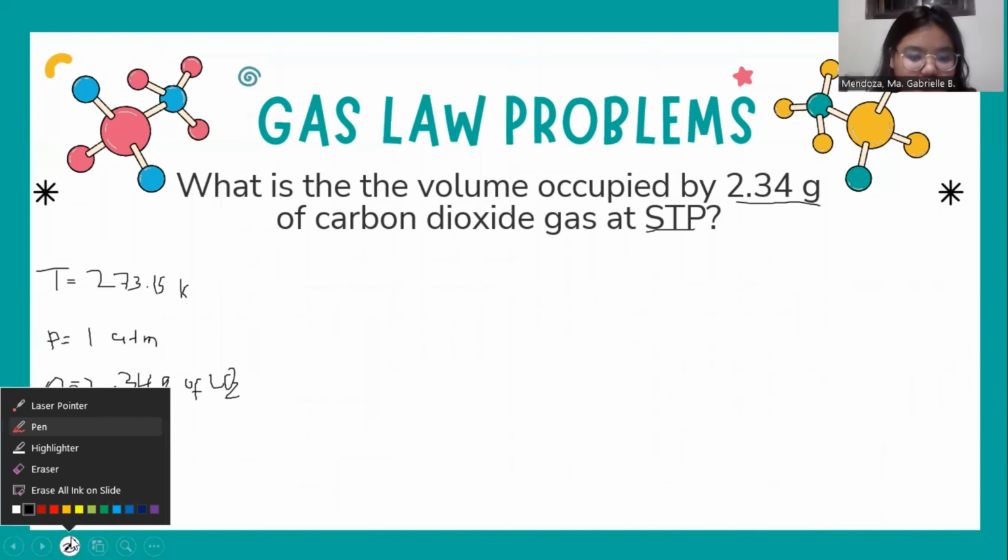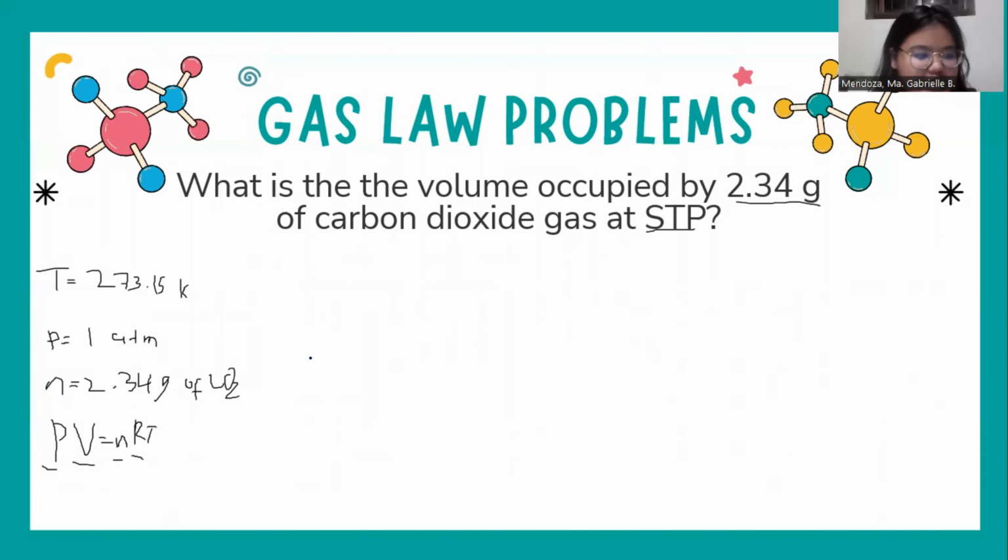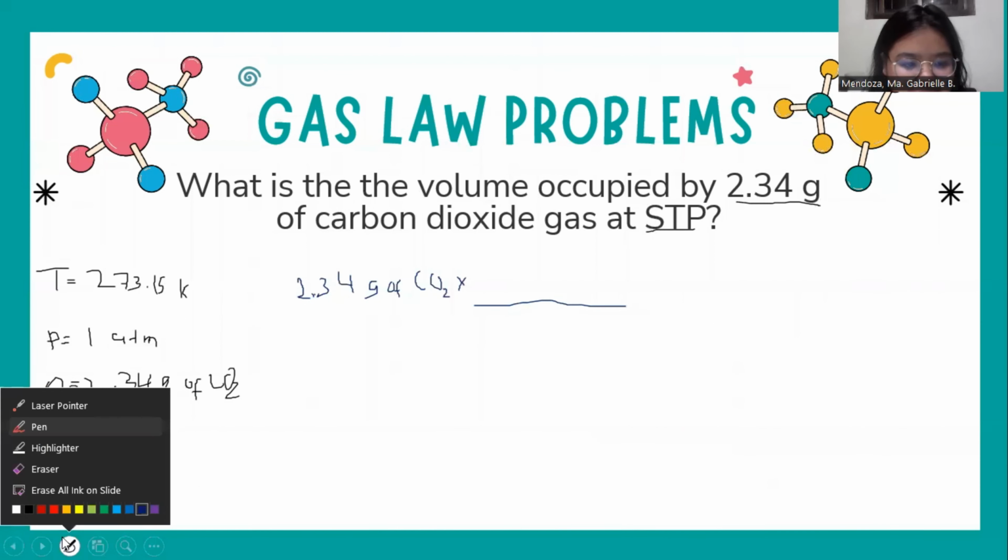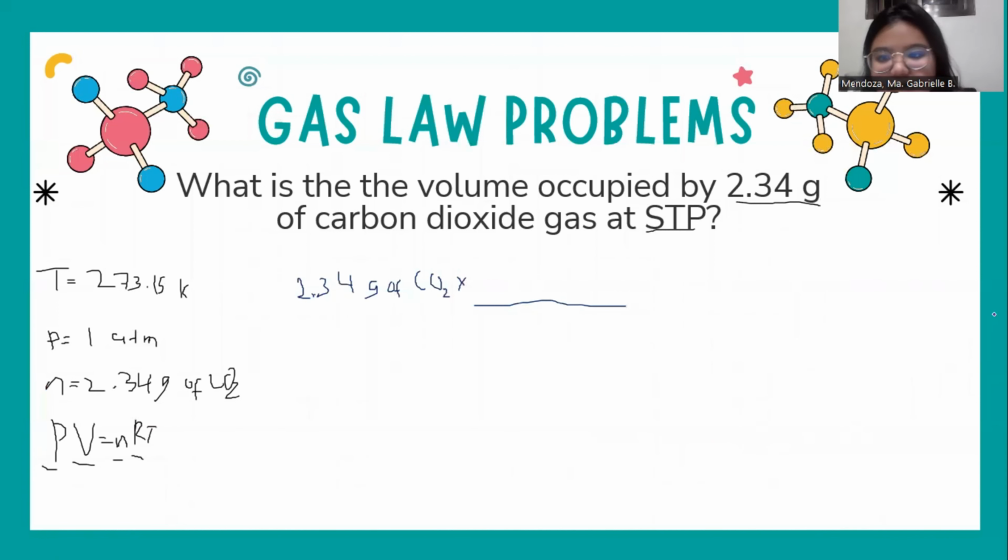So, how do we solve for that? We just put 2.34 grams of CO2, and multiply it by, so first, to change it into moles, we need to find the molar mass of CO2. Let me change the color of my pen.